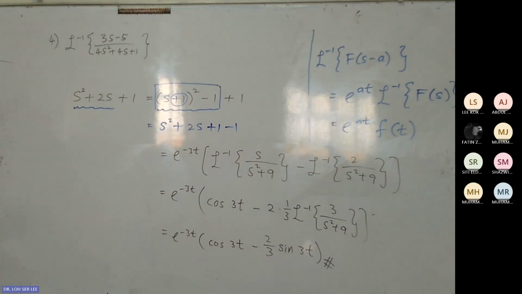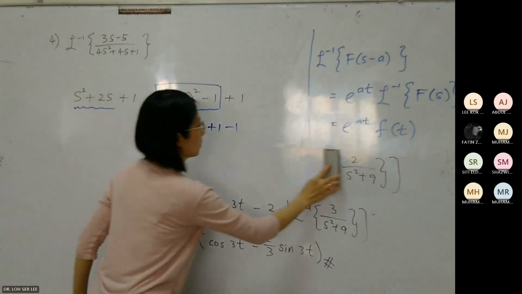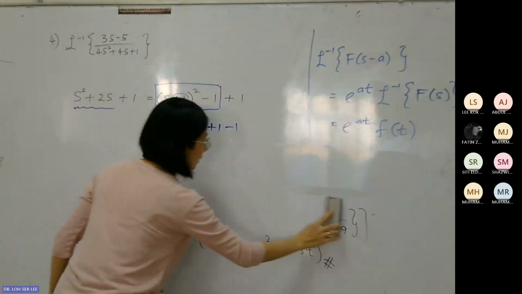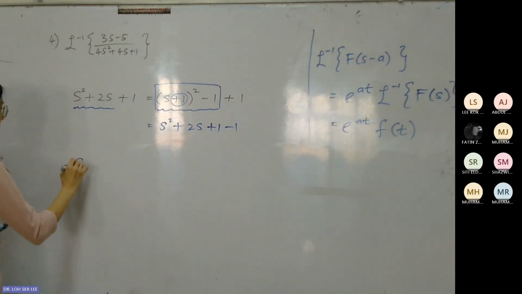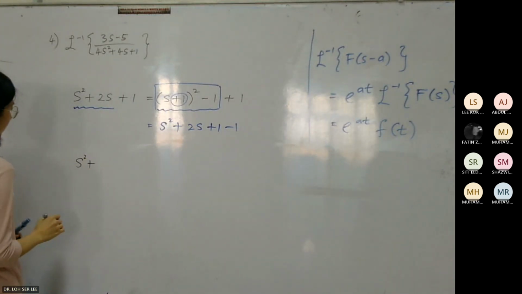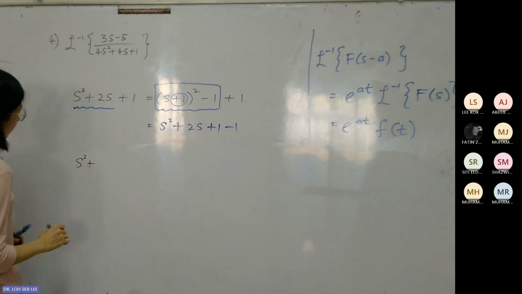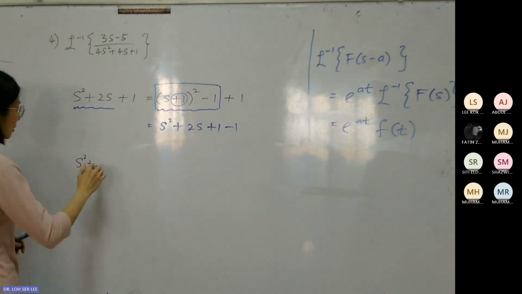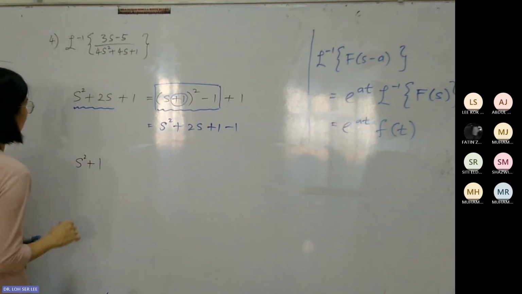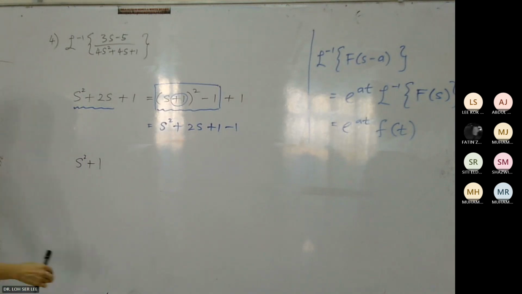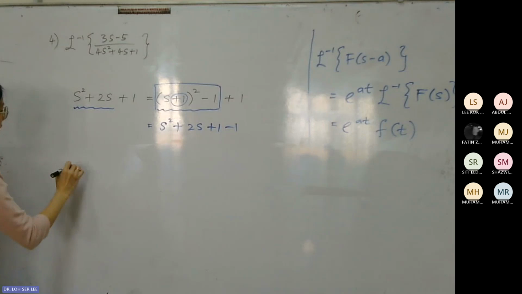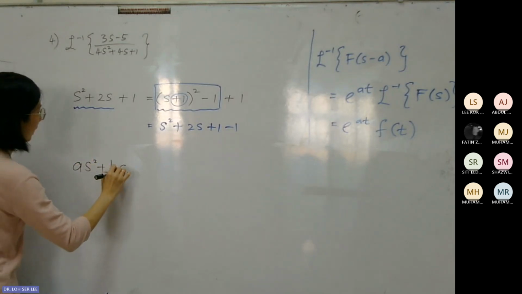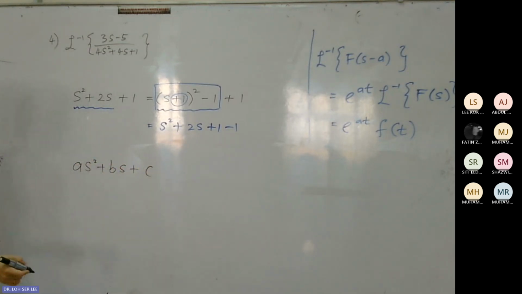Completing the square. So if we look at the formula, s squared plus, let's say I use b. It's supposed to be a, b, c: as squared plus bs plus c.